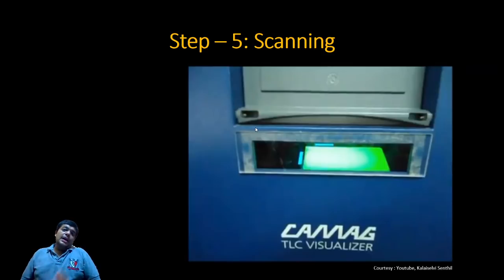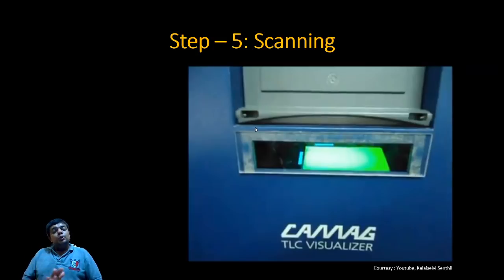But friends, HPTLC is generally used for natural product chemistry. And in natural product chemistry, essential oils, fragrances, perfumes, etc., which are naturally available, are highly volatile. So even if you try to dry that plate which was wetted by mobile phase with a hair dryer, you might lose some volatile essential oils or fragrances.